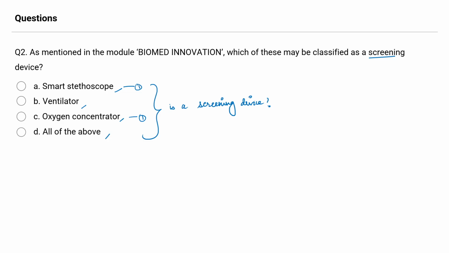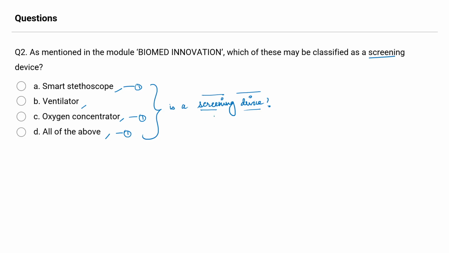Others can also join in this particular question. You have to tell us what is the screening device among these four options. Interesting. We've got option D as well. So just to tell you what a screening device is, it helps you screen for certain things.